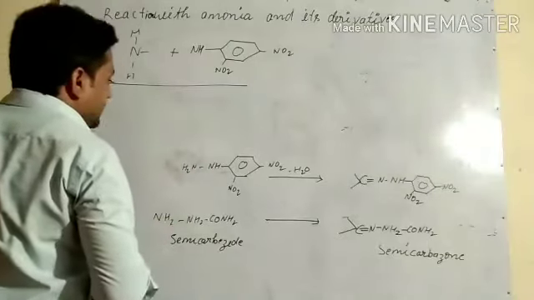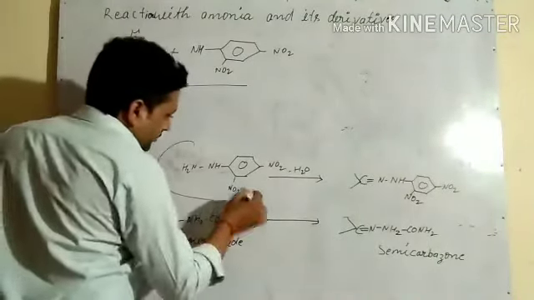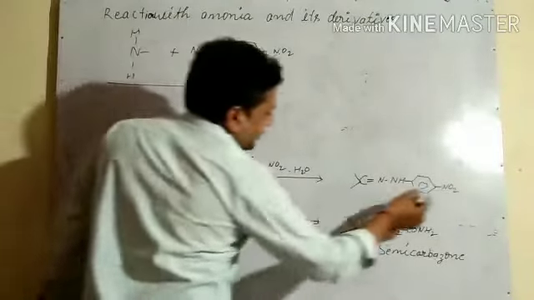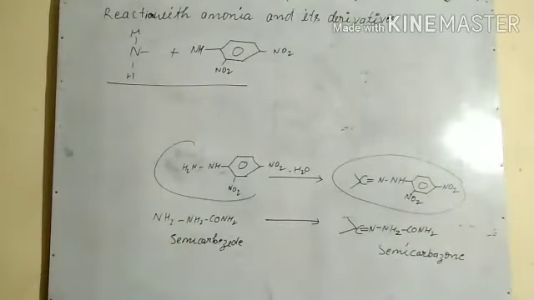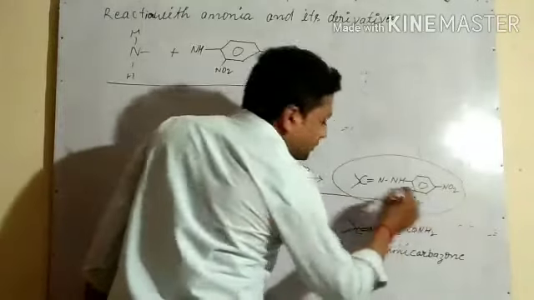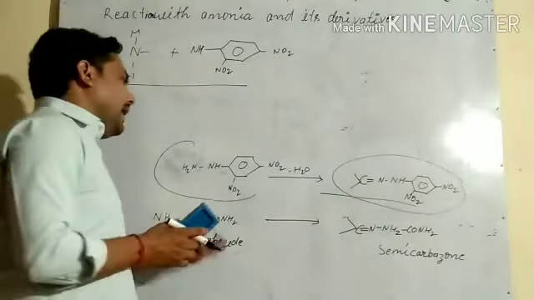When 2,4 dinitrophenyl hydrazine reacts, it forms hydrazone, and it is crystalline violet color. So this is used to differentiate the aldehyde and ketones.